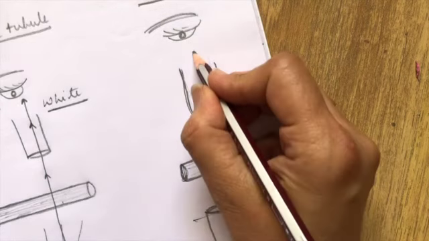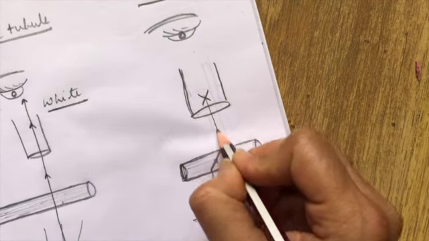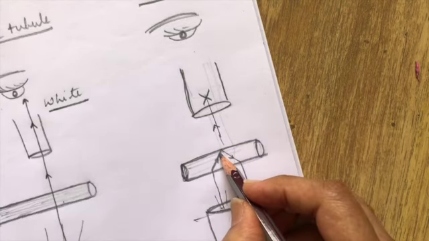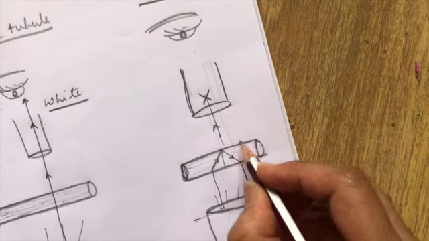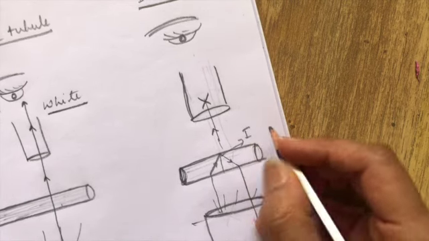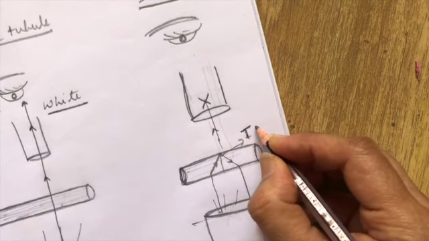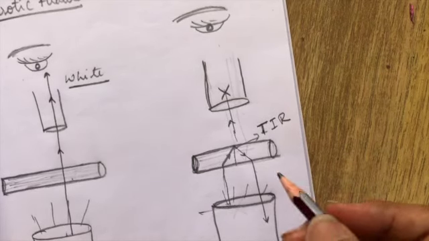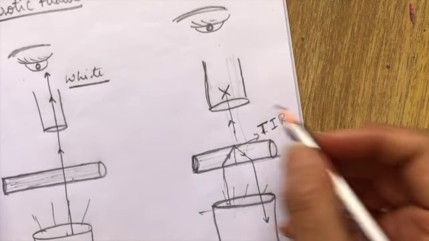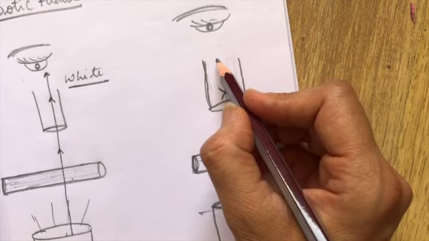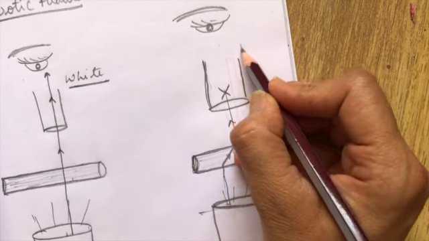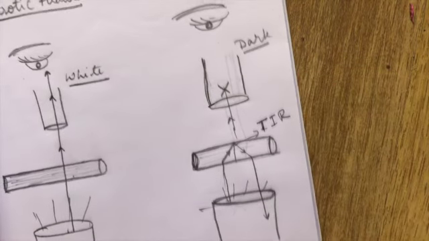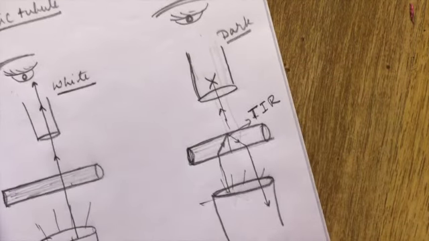Basically it doesn't reach the eye of the observer. This is called total internal reflection. Because of this total internal reflection, the observer sees only darkness. That is why the dead tracts appear dark under transmitted light.